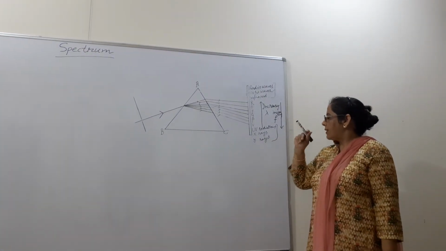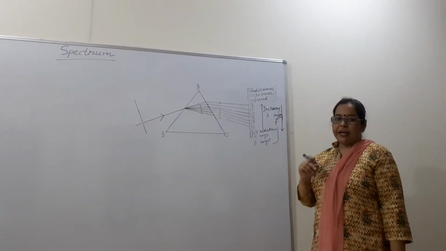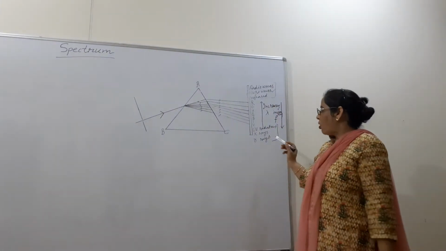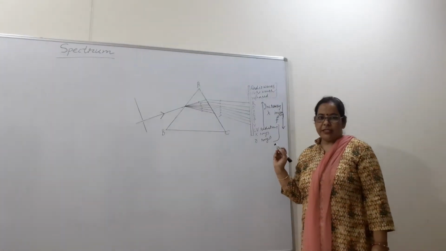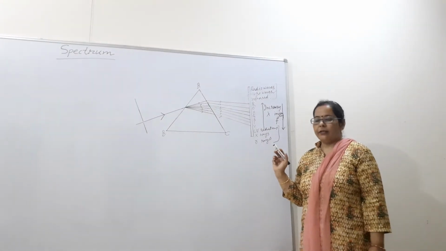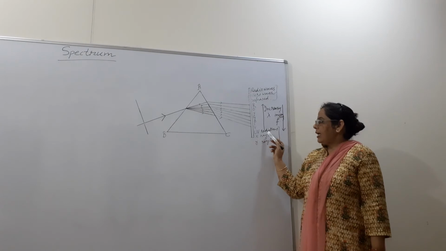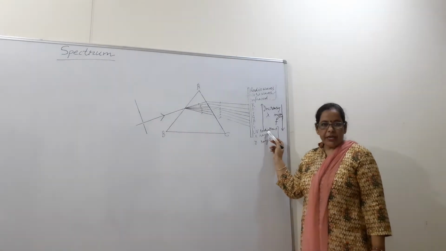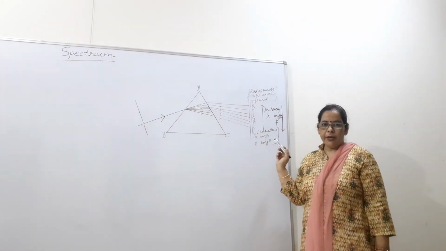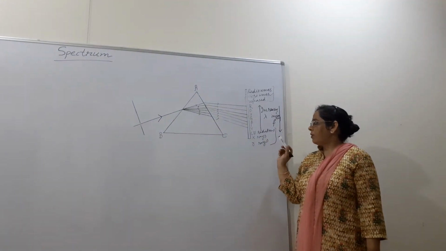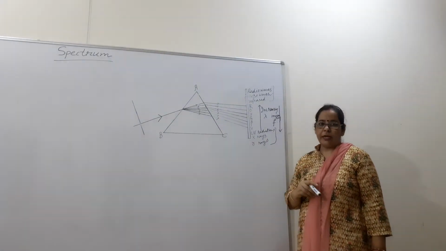Now these radiations are detected with the help of a quartz prism only. Why? Because ordinary glass will absorb these radiations, so the spectrum will not form. Then for which purpose are they used, beta?